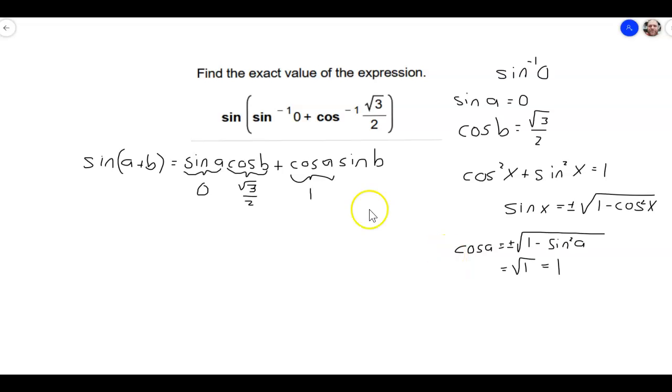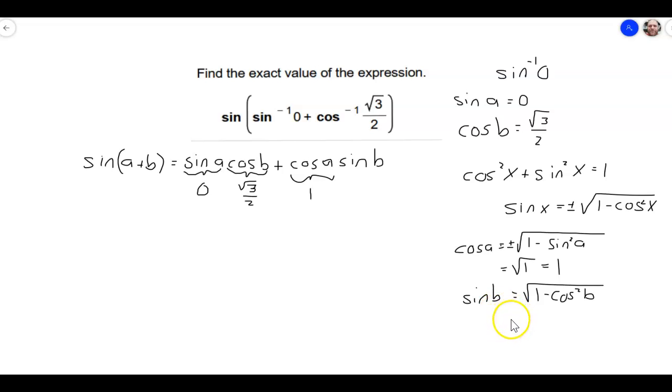And we should be able to do the same thing. I want to know what the sine of B is equal to. I can use that same thing, and it should be the positive version. So that's the square root of 1 minus the cosine squared of B, using that Pythagorean identity with the same angle.